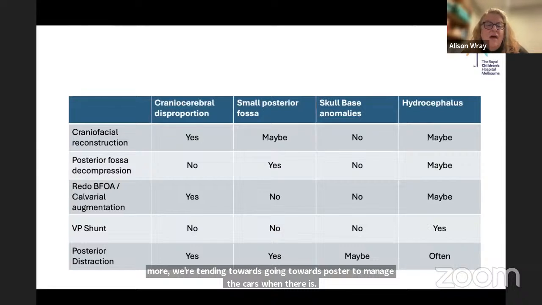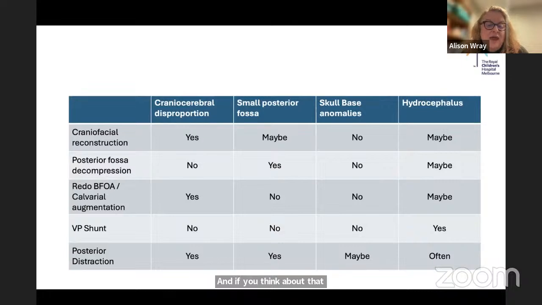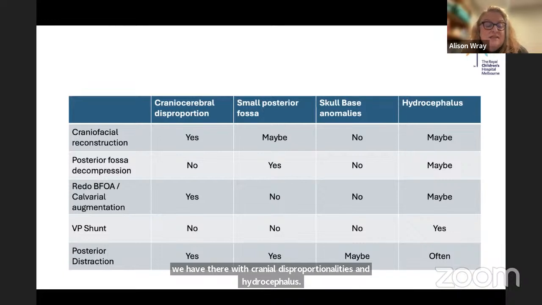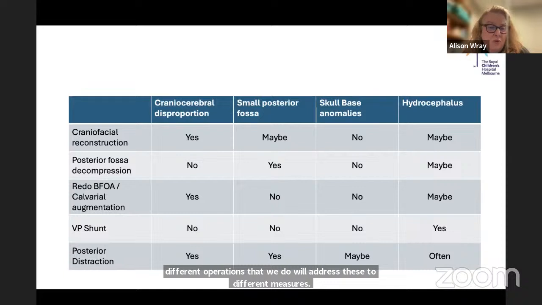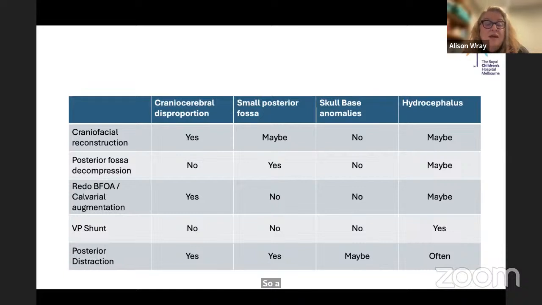And if you think about that and look at the issues that we have there with craniocephalic disproportion, small posterior fossa, skull base anomalies, and hydrocephalus, the different operations that we do will address these to different measures. So a craniofacial reconstruction will improve the disproportion. It might help the small posterior fossa.